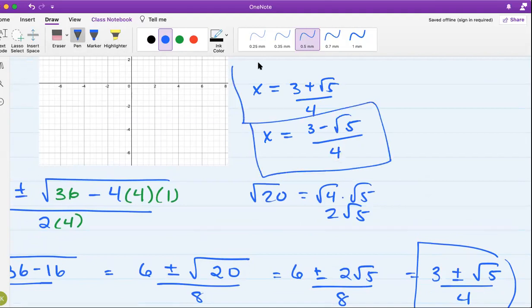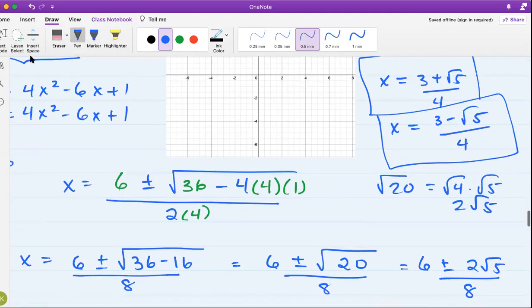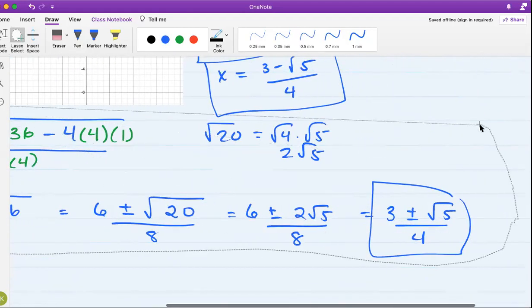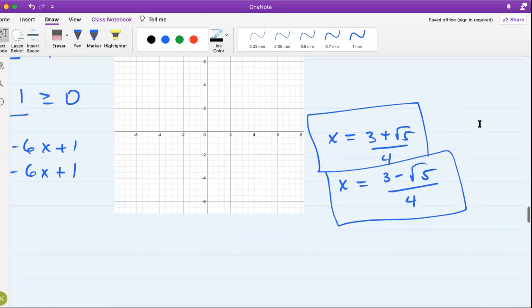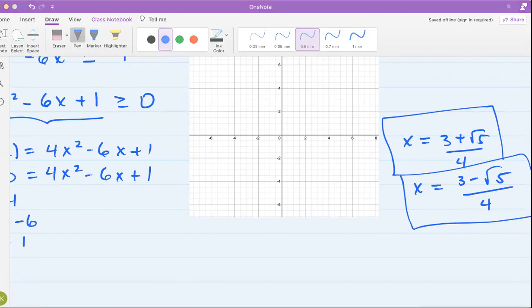Okay, so these are some weird numbers. We can graph them, but it might be difficult. Everything looks messy, so let me clean this up. So how are we going to graph these? These are our x-intercepts. I'm going to pull out a calculator. So I'm going to put in my calculator 3 plus square root 5 over 4, just to get an idea of where that is.